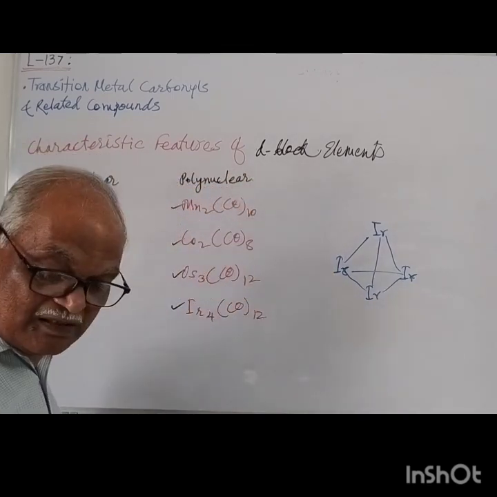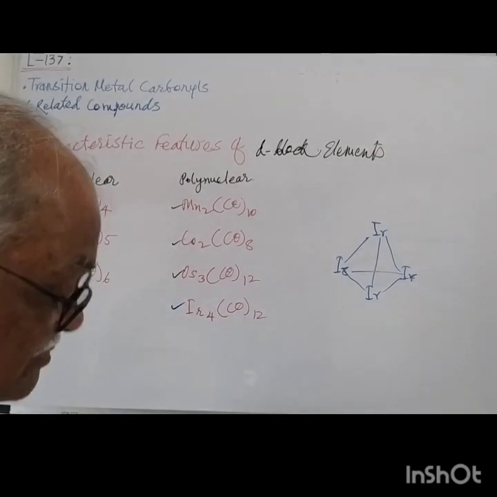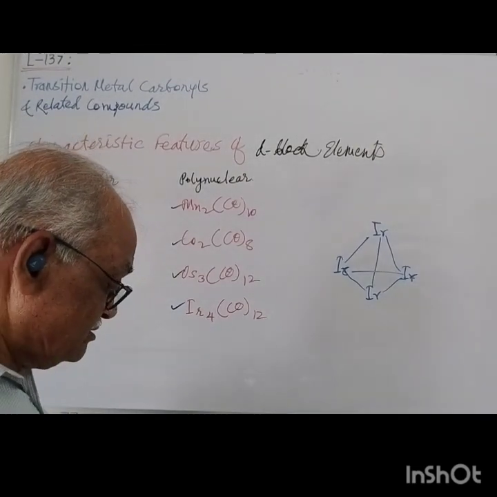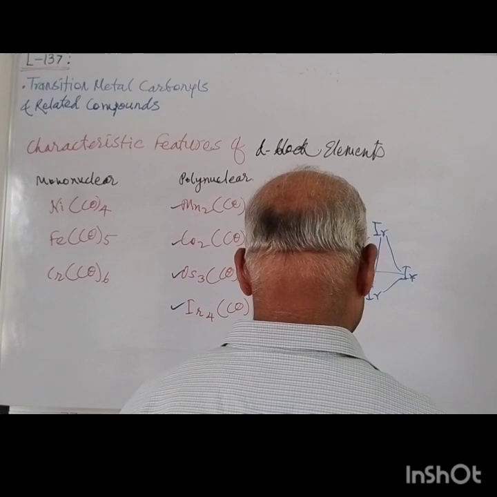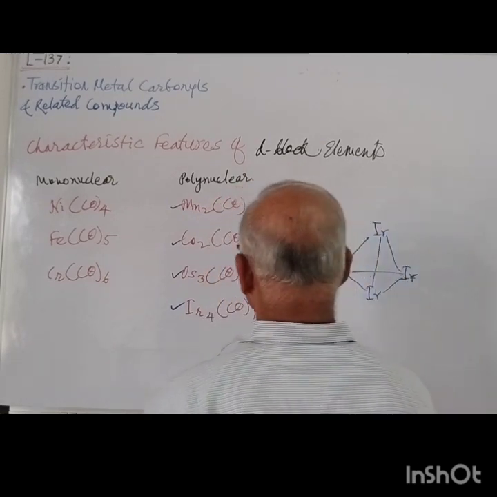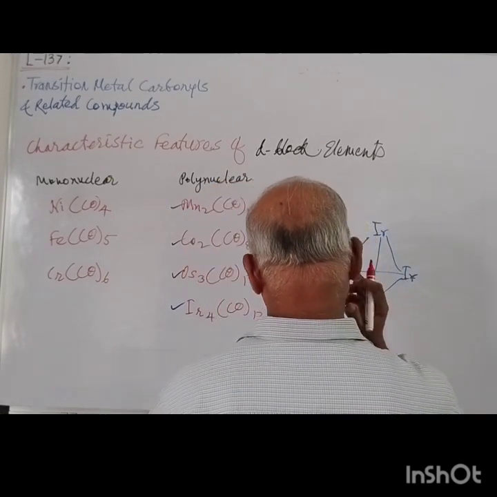So this shows the bonding between the Ir metals, and carbon monoxides are 12.